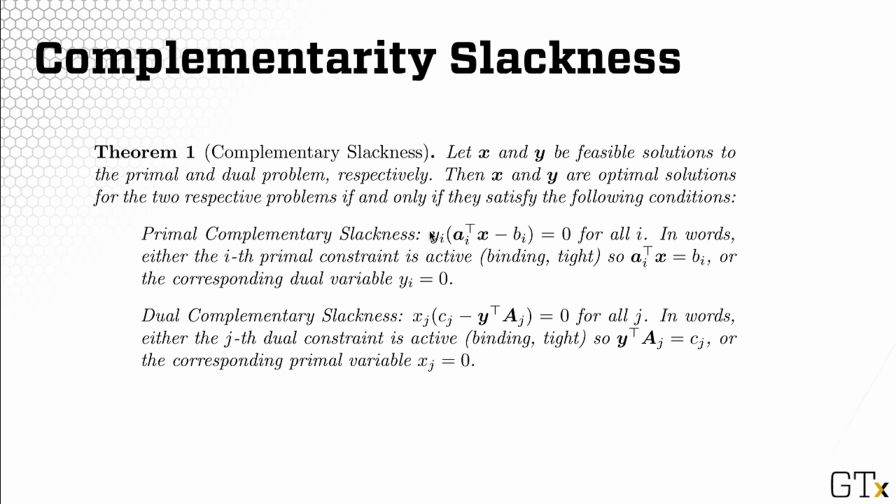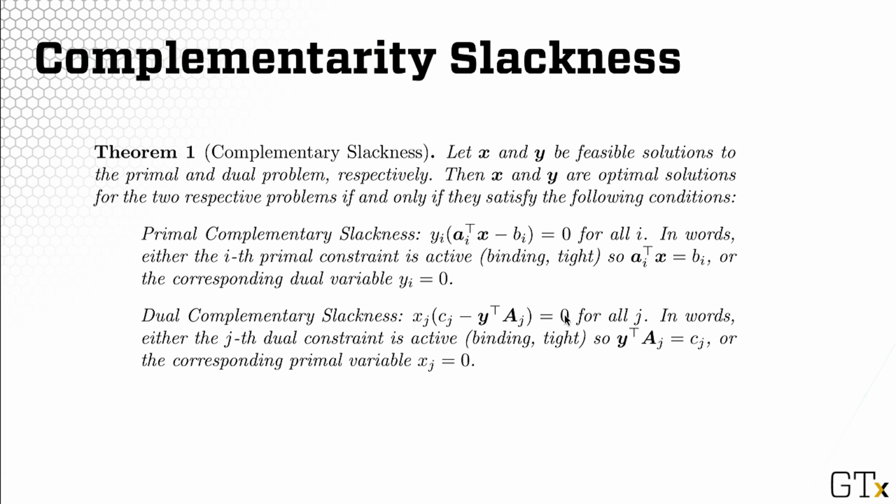And furthermore, if x and y are primal and dual optimal solutions, they also need to satisfy the so-called dual complementary slackness condition. What this says is, if you look at the dual constraints, the j-th dual constraint, cj minus y transpose aj, times the corresponding primal variable xj should also be 0.